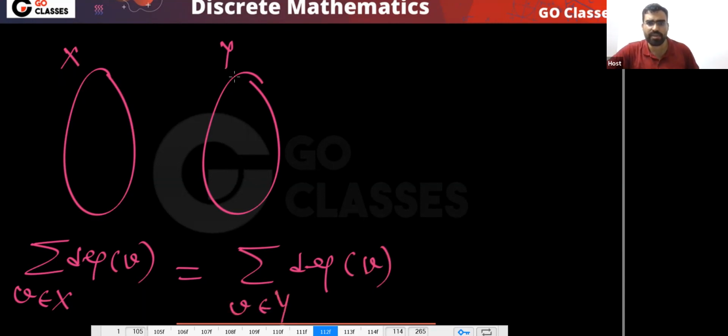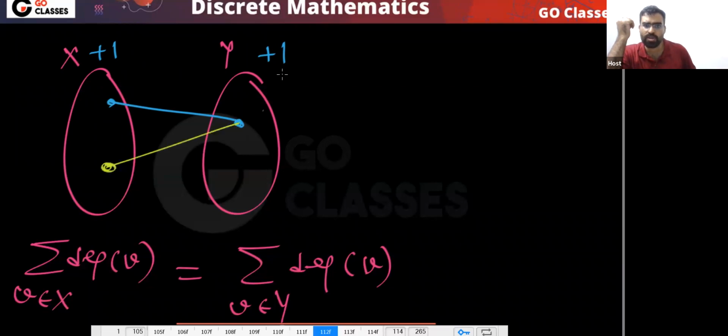See, very simple. Because of every edge, what will happen? The degree of this will go by +1 and degree of this also will go +1, whatever edge you put.